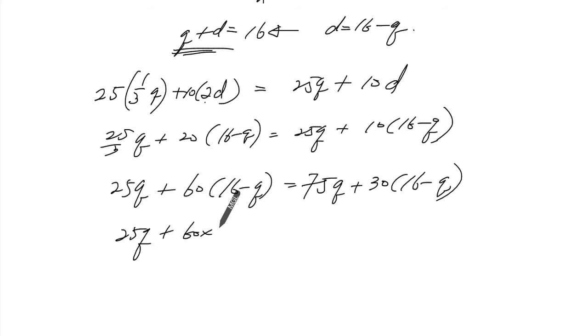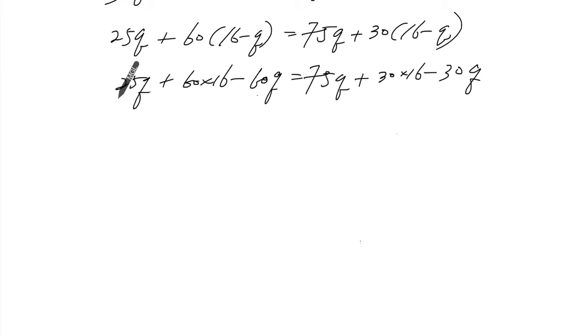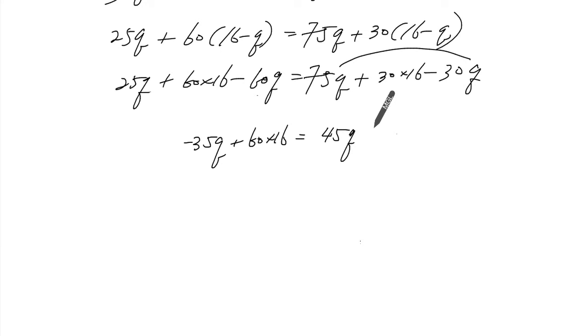You get 60 times 16 minus 60Q, 75Q plus 30 times 16 minus 30Q. Okay, and if you collect 25 and minus 60, you get minus 35Q. And 75 minus 30 is 45Q.